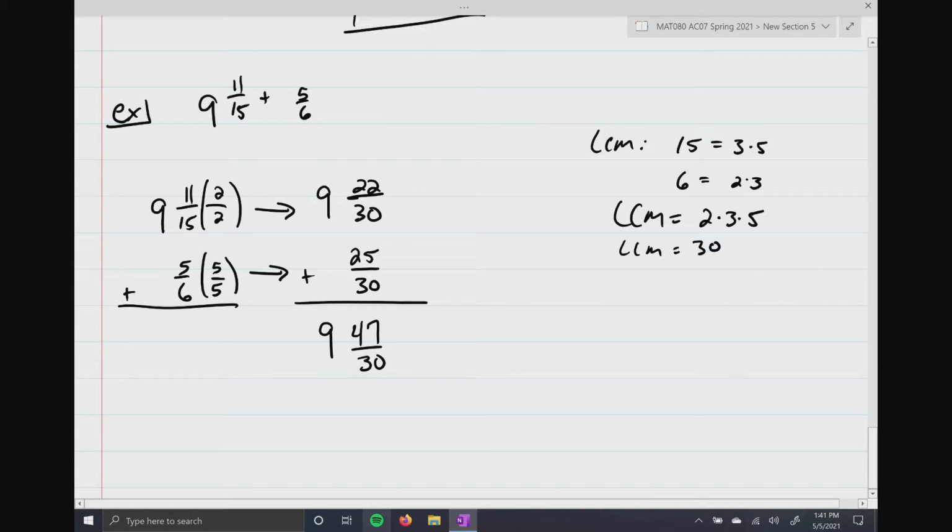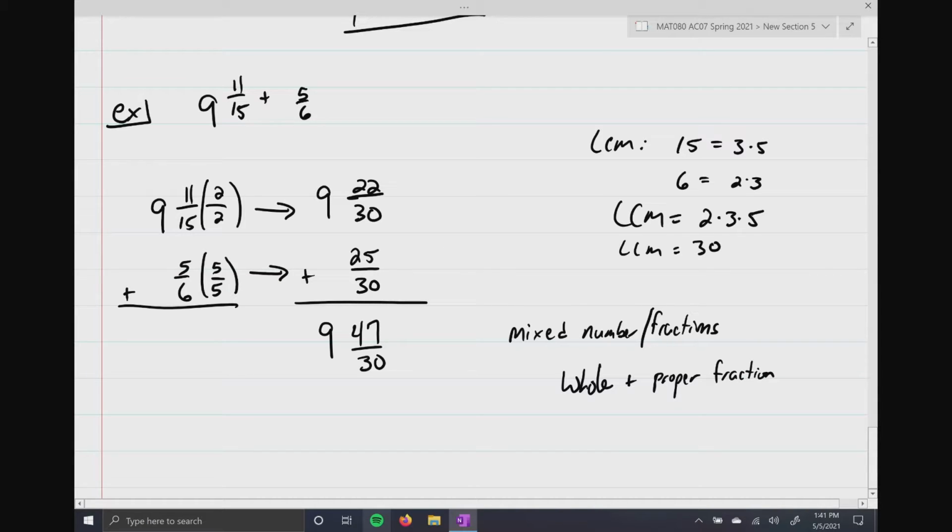However, I know I'm not done here because mixed numbers or mixed fractions always have the form a whole number plus a proper fraction. And right now I have an improper fraction.